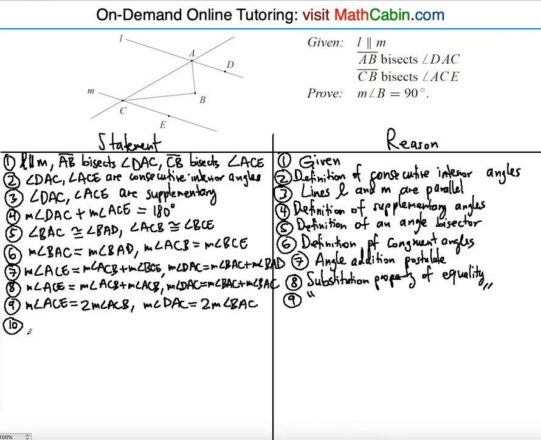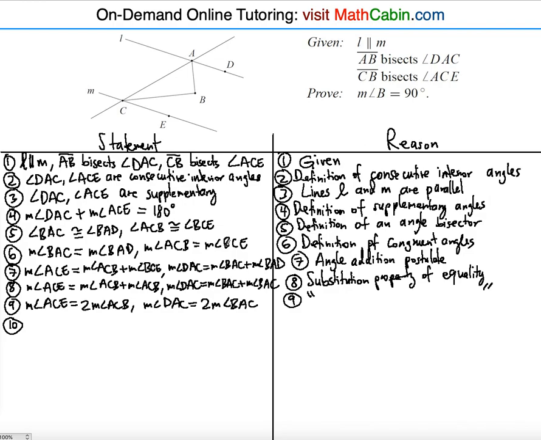Now the next one, we're going to use substitution property one more time. Notice that measure of ACE is equal to this now, the twice of measure ACB. Now let's find measure of ACB. Remember that measure of ACB was equal to measure of BCE.